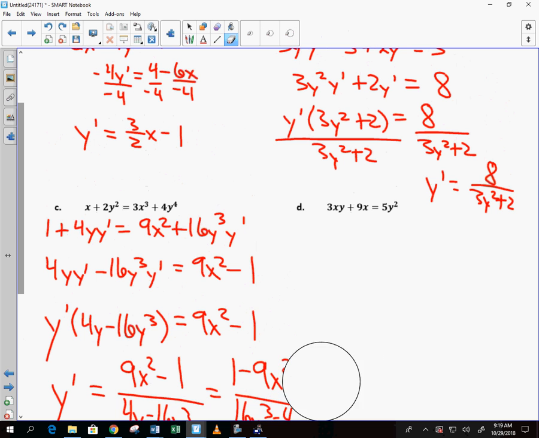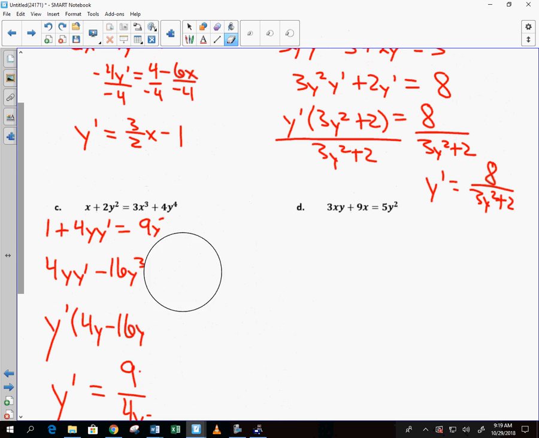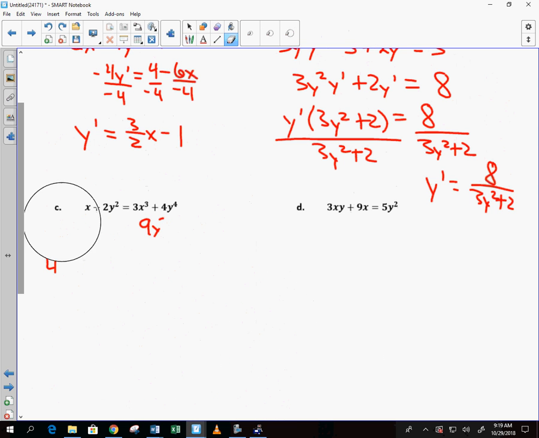Okay. Letter D. What's different about this one? It's got an x and a y together. Oh my goodness. If you were to actually read that mathematically, what does it say? 3xy, or 3 times x times y?